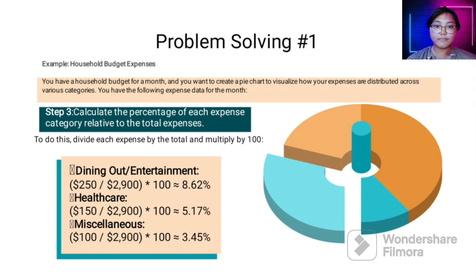Now that we have the percentages of each expenses, we can now refer this to make the pie chart. So we can easily find or create the pie chart from the percentages of the data through using softwares or websites or apps such as Microsoft Word.